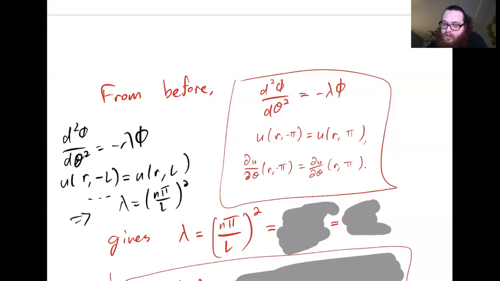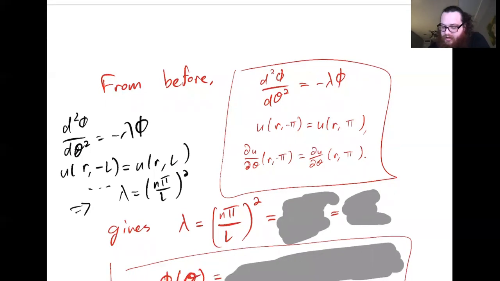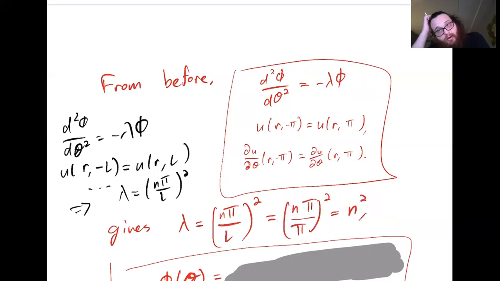There we go. So in this case, what we're doing is, well, what is this length L? Kind of half the length of the interval. In this case, L is exactly pi. Okay, so plugging in pi here, plugging in pi there, we get n pi over pi squared, which simplifies just to n squared. So our eigenvalues are exactly n squared for this specific problem.